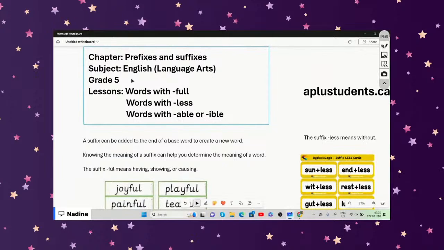And the lessons that we are focusing on are going to be words with full, words with less, and words with able. That is going to be our lessons for today, and how we're also going to end off prefixes and suffixes, right?